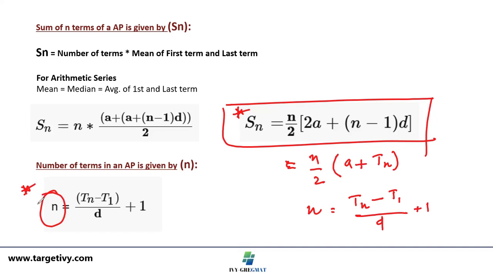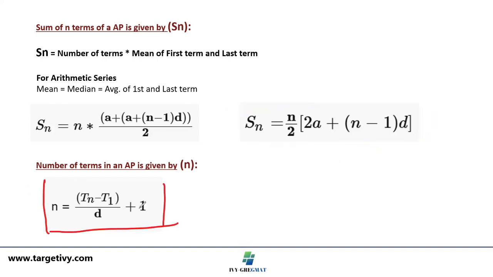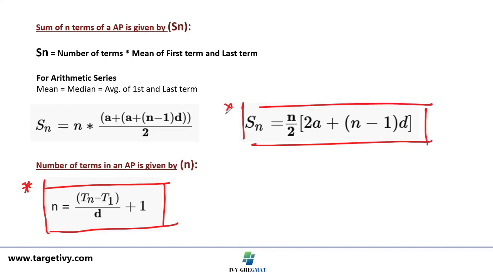If I want to know the nth term, this is useful. The sum of the n terms is this, or we will also be using n by 2 into (a plus tn).